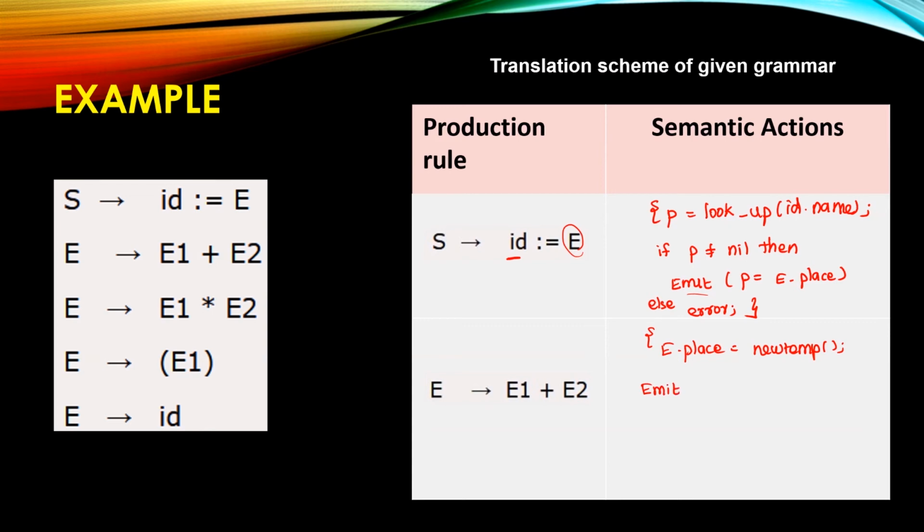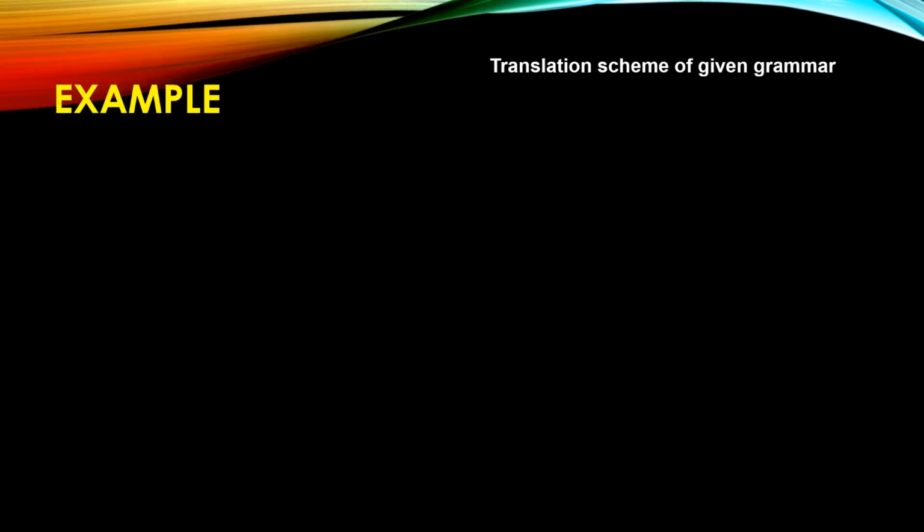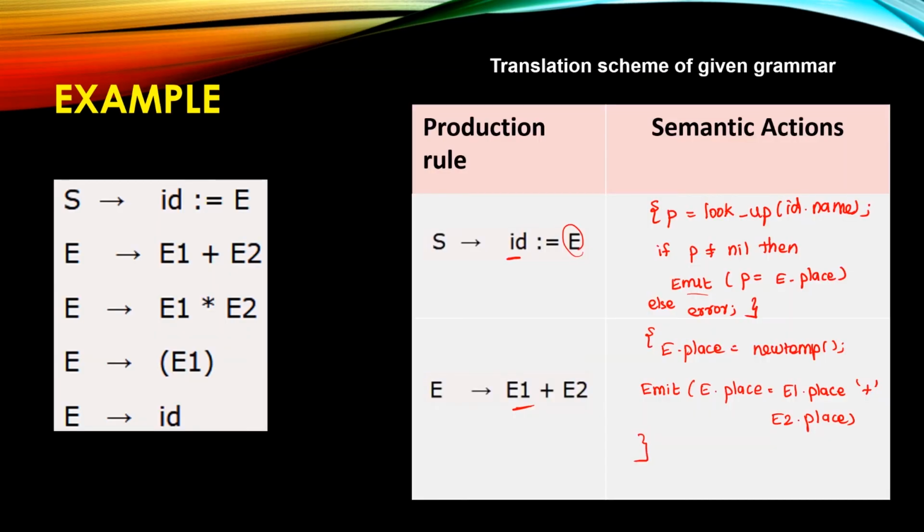Then we have to emit, which is used for appending the 3 address code to the output file. We are going to emit E.place equal to E1.place, and the operator here is plus, E2.place.